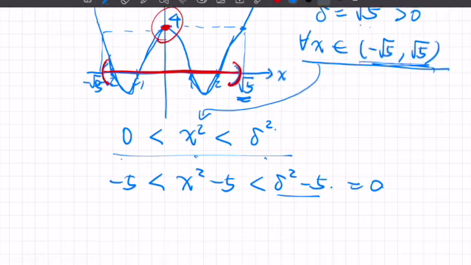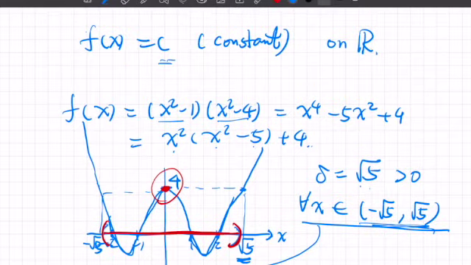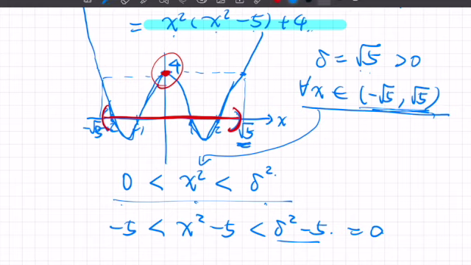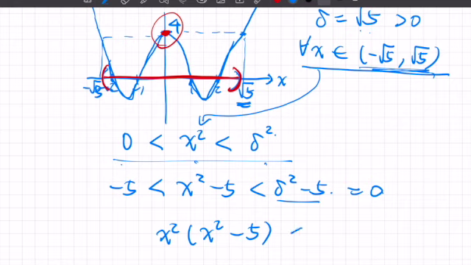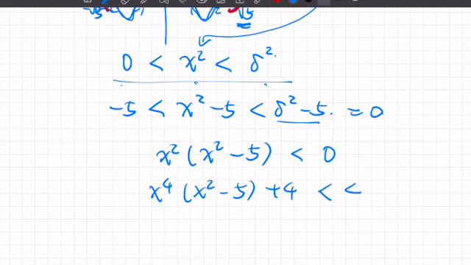So if you look at this expression, x squared is positive, so x squared times (x squared minus 5) is less than 0. And if you add 4, this is less than 4.